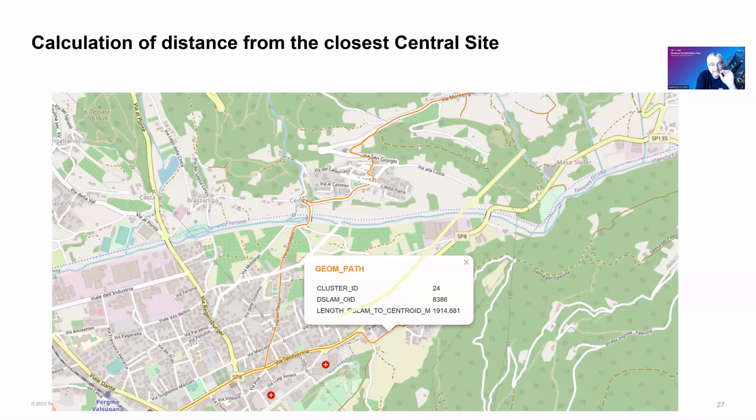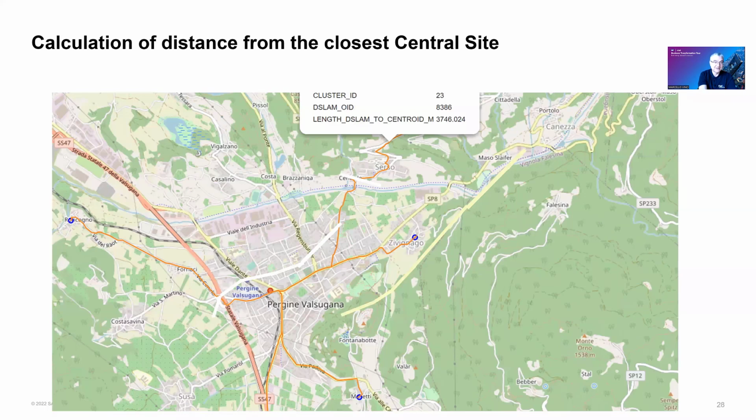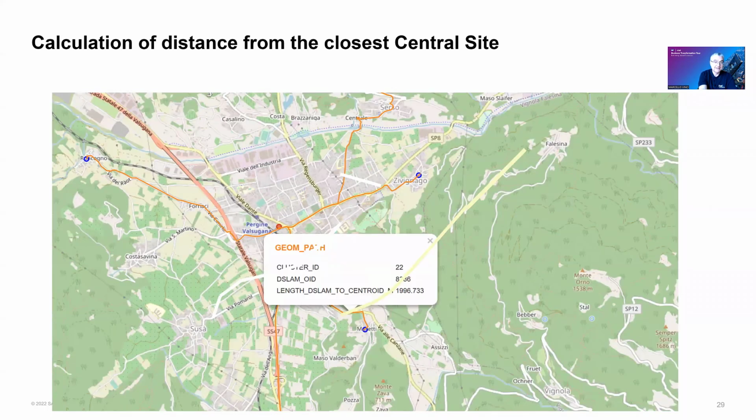And this way, for all the previous reports, you get immediately the results in terms of distance from the closest central site. You can see this, of course, on the web, and it's very useful information that you can build on top of your analysis.